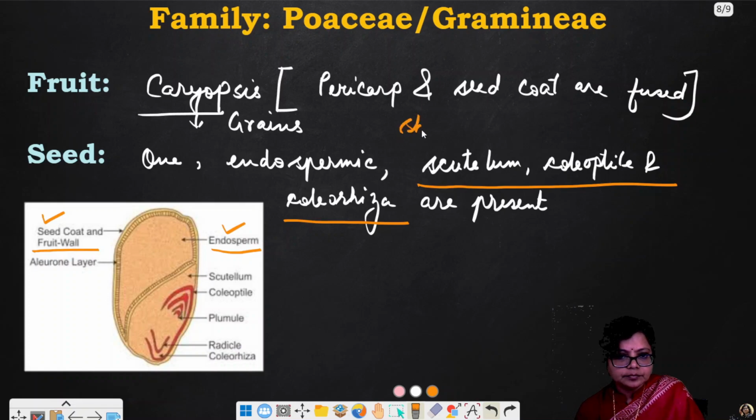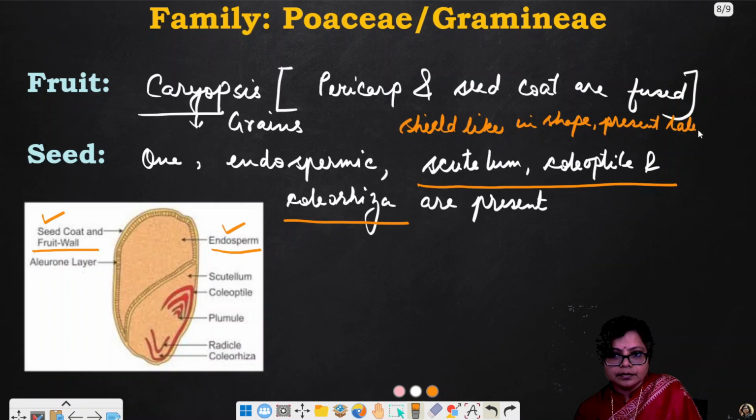So it is shield like in shape, present laterally to the embryonal axis.